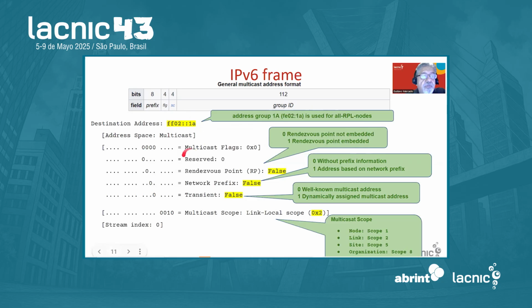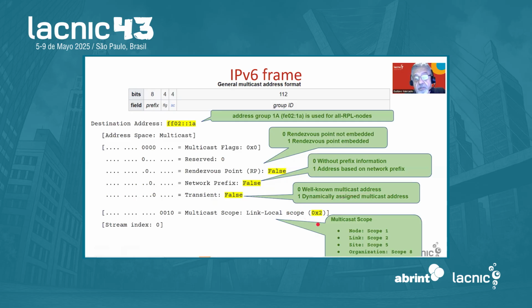As regards the flags, the first is reserved, the second one is a rendezvous point. In this case, this is false because there is no rendezvous point embedded in the multicast packet. The network prefix does not exist because there is no prefix information on the network, and there is no transient.